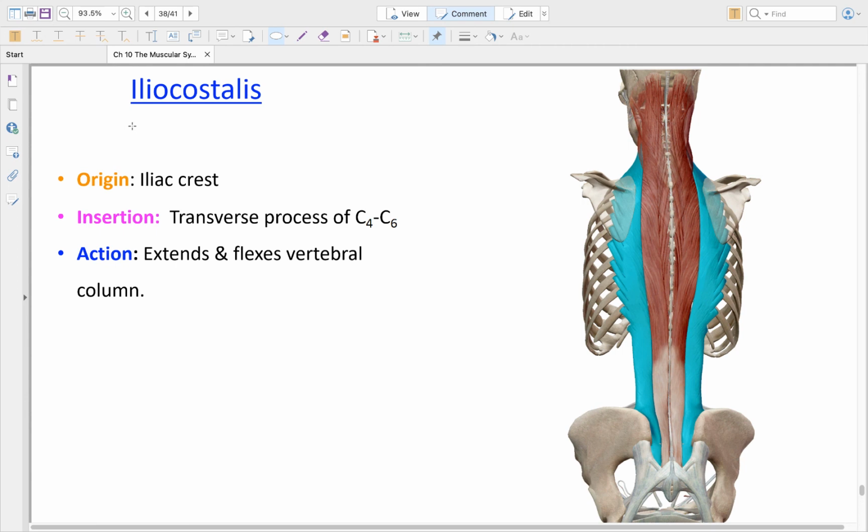Now, this is quite an impressive muscle because it is so long. It extends from the iliac crest way down here on the hip bone, and it runs the length of the entire vertebral column and is going to insert at the C4 and C6 in the neck. And its job is to extend and flex your vertebral column.